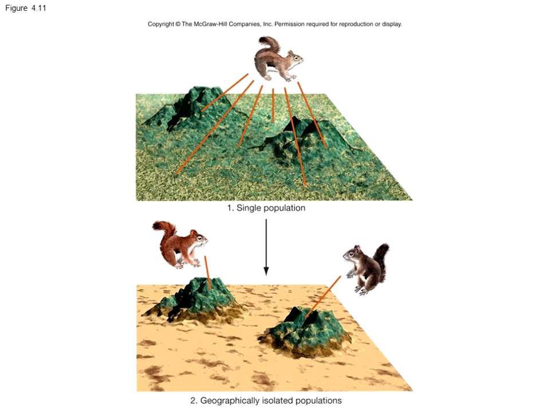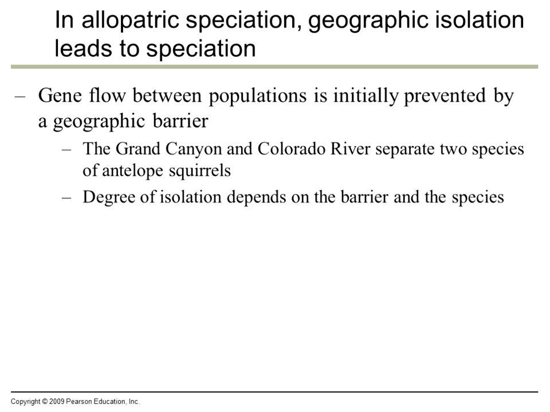So once a species is isolated, they're on separate evolutionary tracks, and they have separate selection pressures leading to different adaptations. And at some point, they diverge. So in allopatric speciation, geographic isolation leads to speciation.